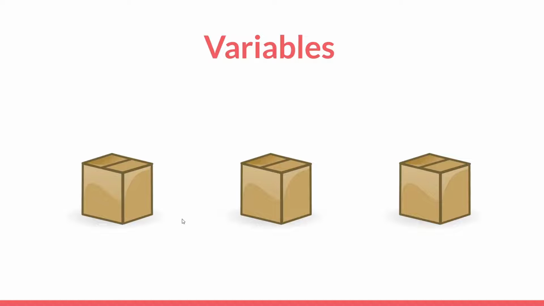And variables work just like that, so we can have boxes and we can give them types, like we gave our real life box a type of CD. We're going to label these boxes with data types like integers, strings, and booleans. Integers are just numbers, strings are just multiple characters, and booleans are true or false values.